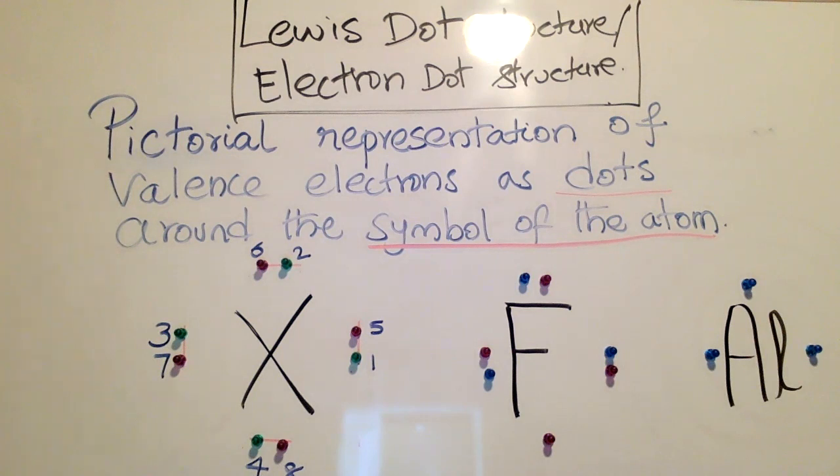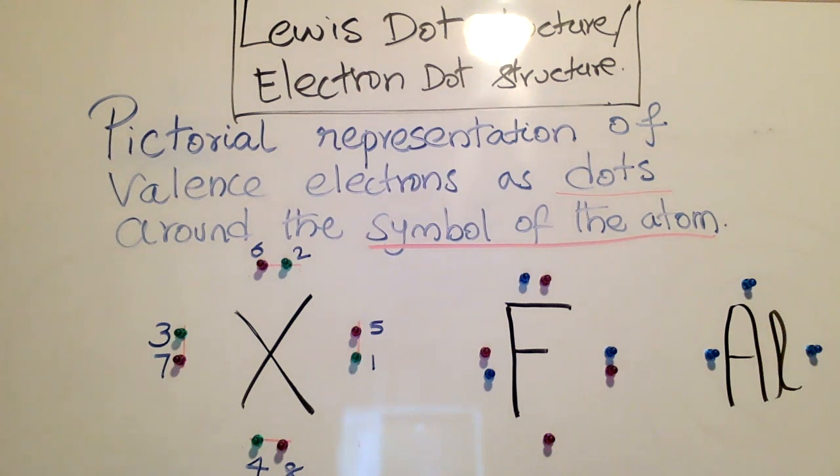Now let me go over the definition one more time. This time it makes more sense. Lewis dot structure, or electron dot structure, is a pictorial representation of valence electrons as dots around the symbol of the atom.